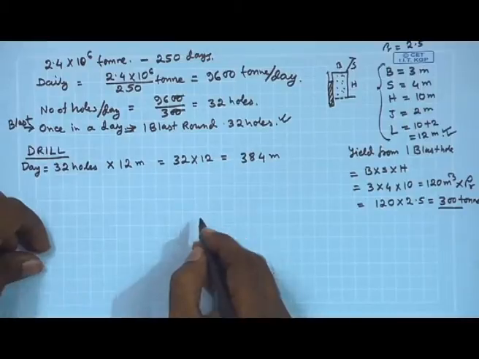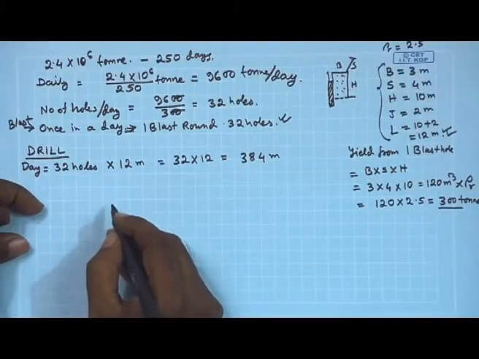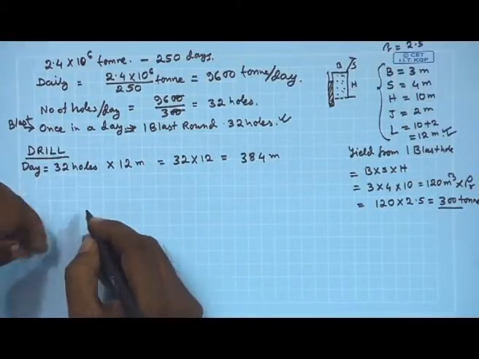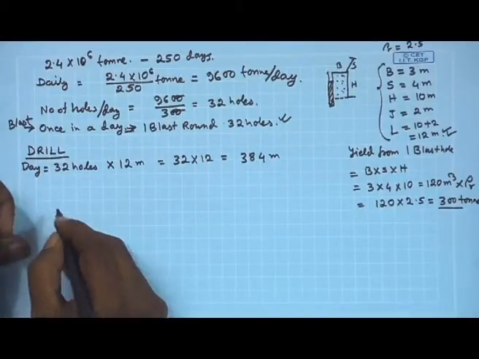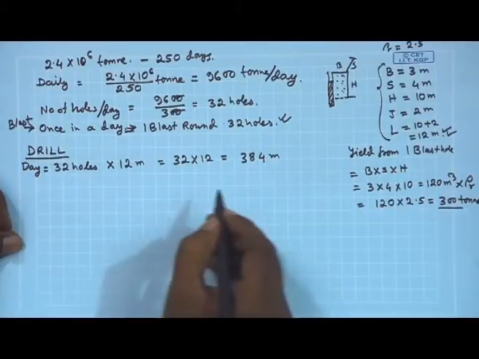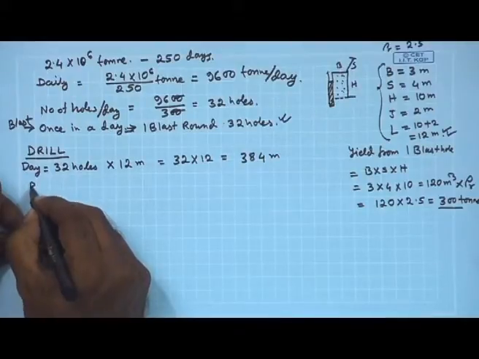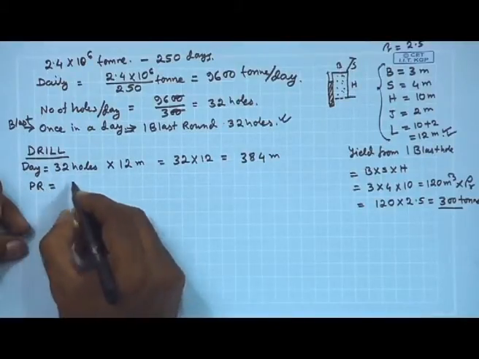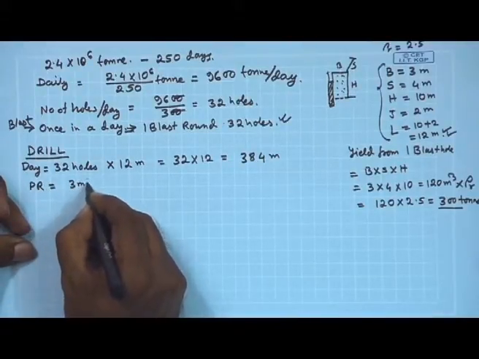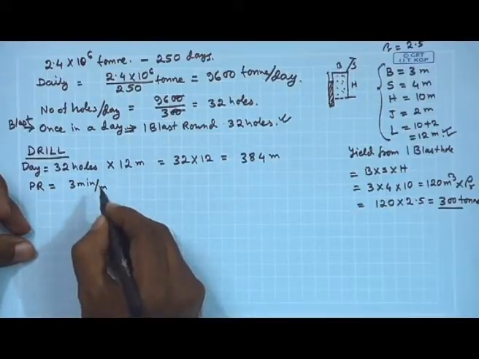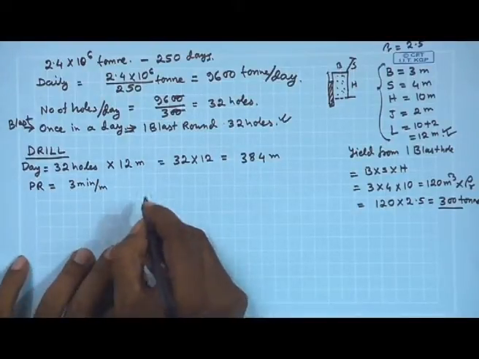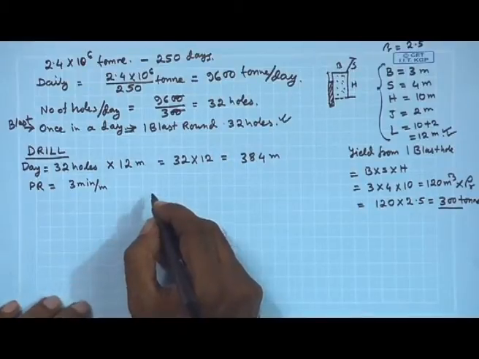Okay. Now, penetration rate is given 3 minute per meter, and we have to determine the drill rate.